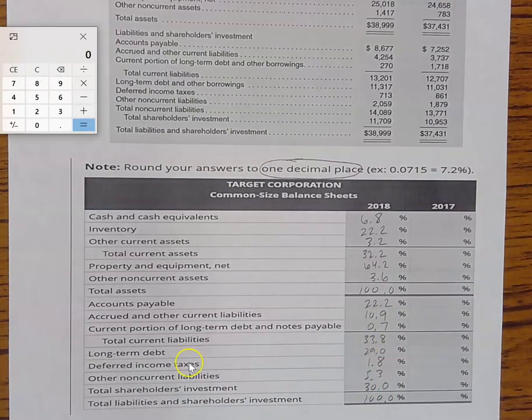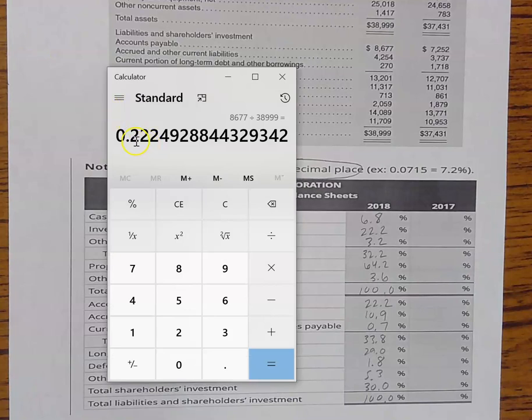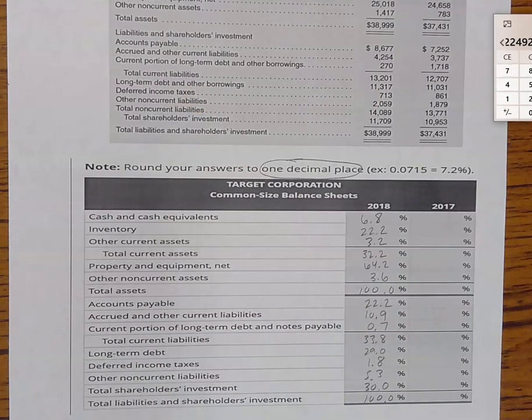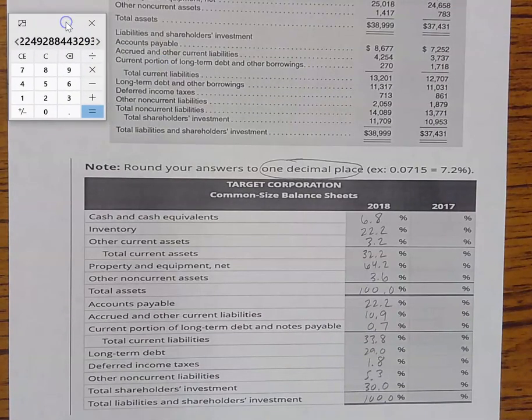How did I get that? Well, I came over here and I looked at accounts payable, 8677 divided by 38,999, and that's going to give me, let me expand this out some, 22.2, and then the 4 we would round down to 2, so 22.2%, and there's that figure right here.